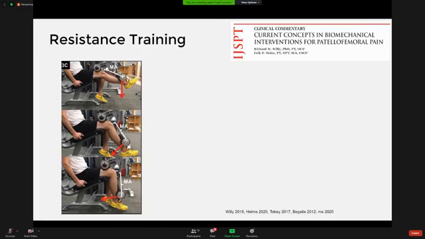But there usually is some intensity level of quad strengthening that somebody can start with that doesn't continue to drive their symptoms. And so from a resistance training standpoint, the knee extension machine is probably the number one way to do that.